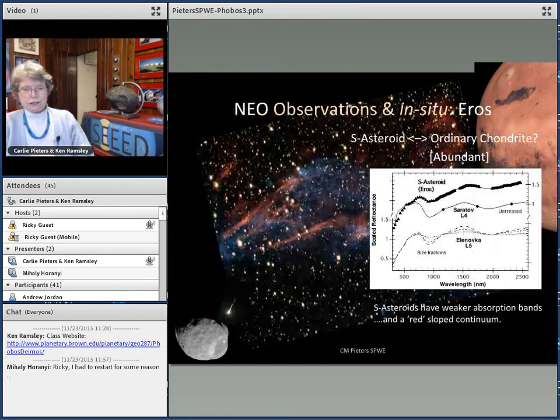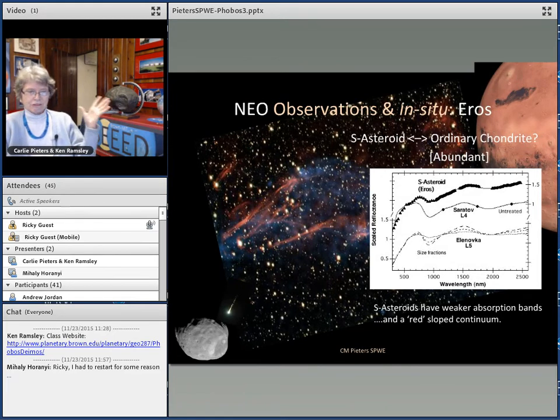Well, that ensued a major debate that raged for years about, are these S-type asteroids and ordinary chondrites related? Here you see spectra of a classic S-type asteroid, Eros, and some ordinary chondrites, and they're different. They're different in that the asteroid has the steeper continuum, it has weaker bands.